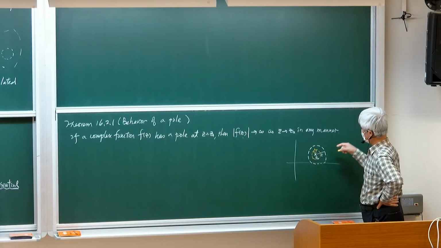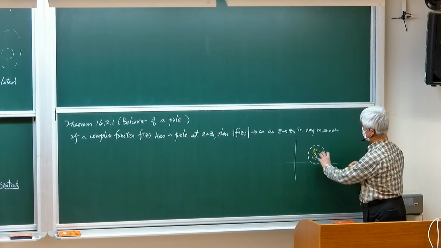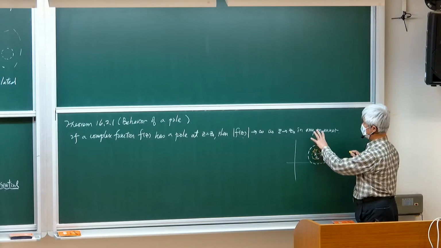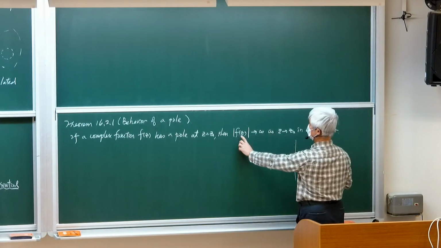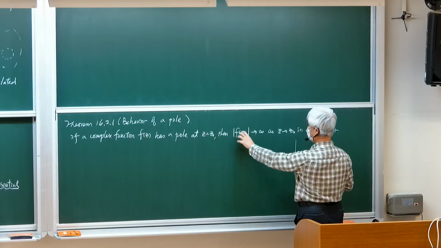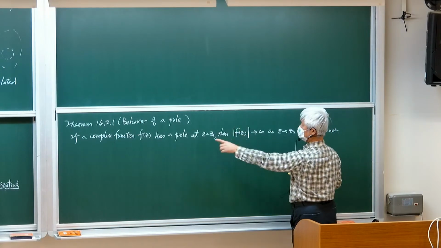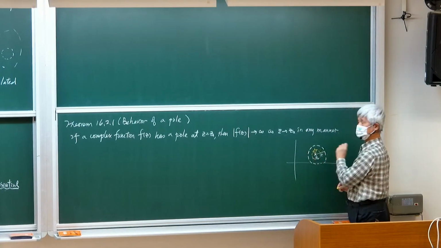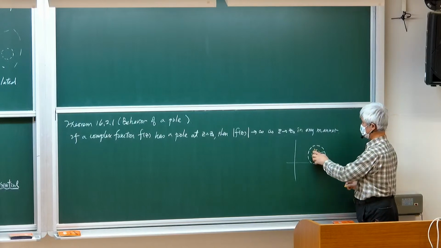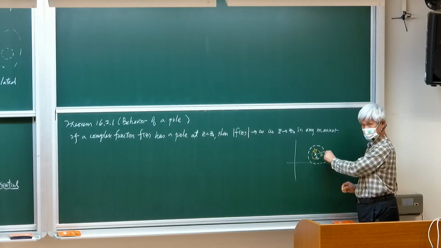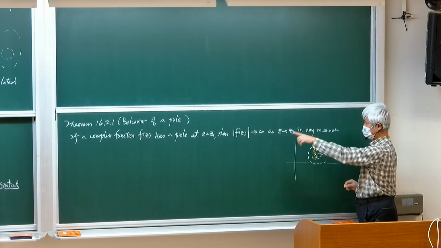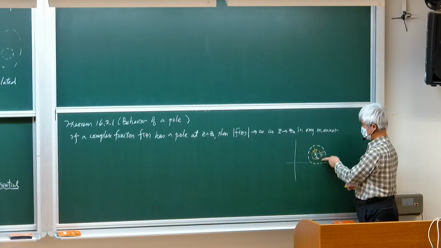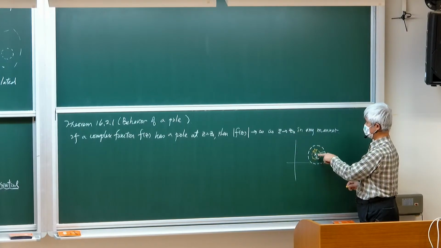If epsilon goes to 0 here, now the function value, as we know, this complex function is analytic in the punctured neighborhood, which means that f of z is analytic at every point in a neighborhood except the center.